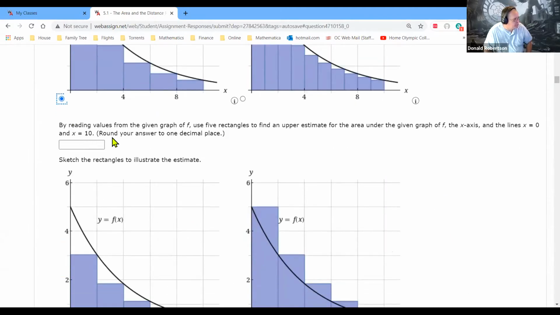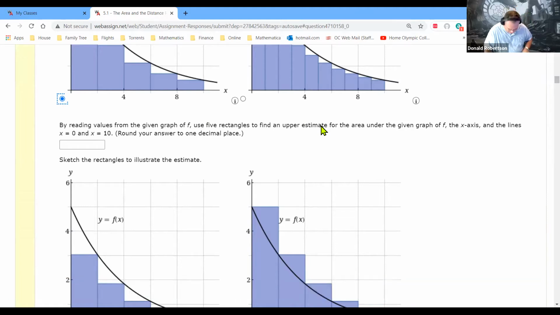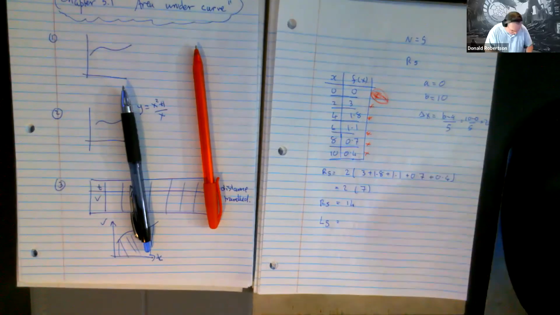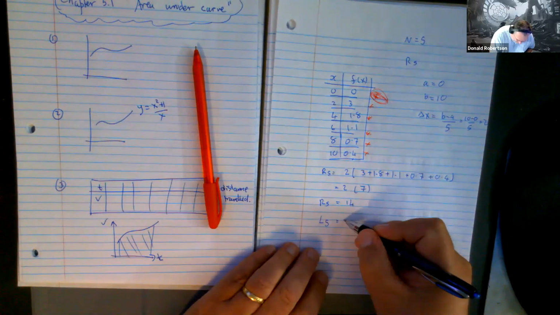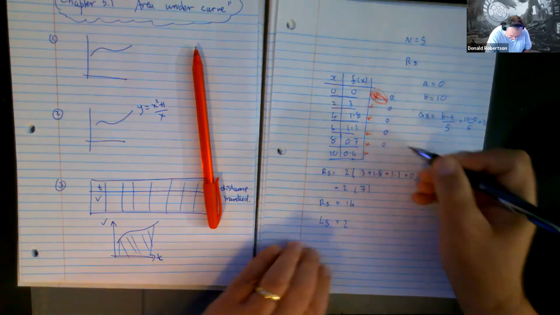And then we would go through the same thing. And this time it says by reading values from the given graph, use 5 rectangles, find the upper estimate. So I guess the upper estimate is L5, right? So let's go back and look at what the calculations for doing that would be. It's going to be 2 times those 5 guys, right?